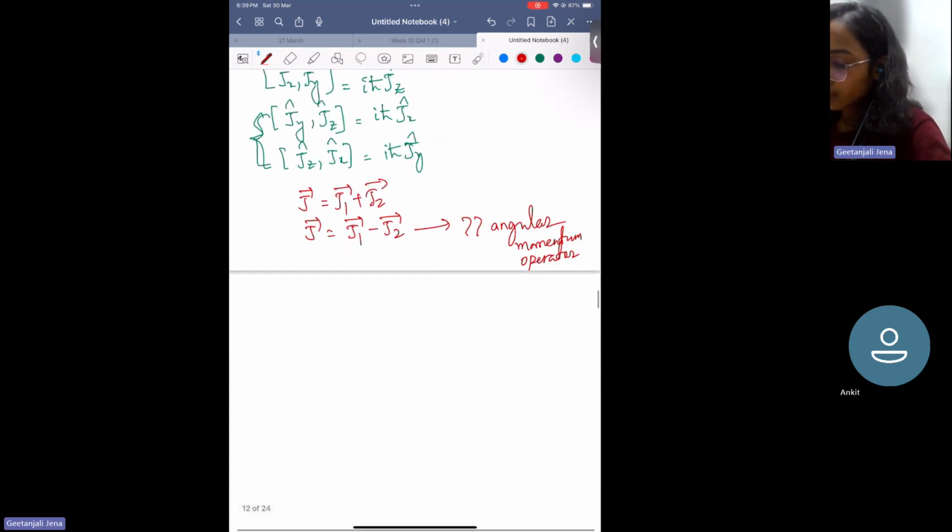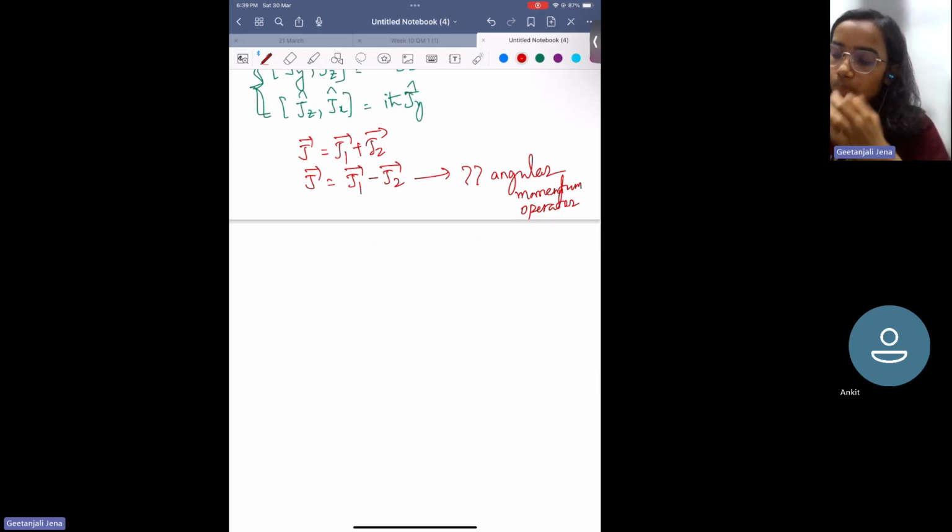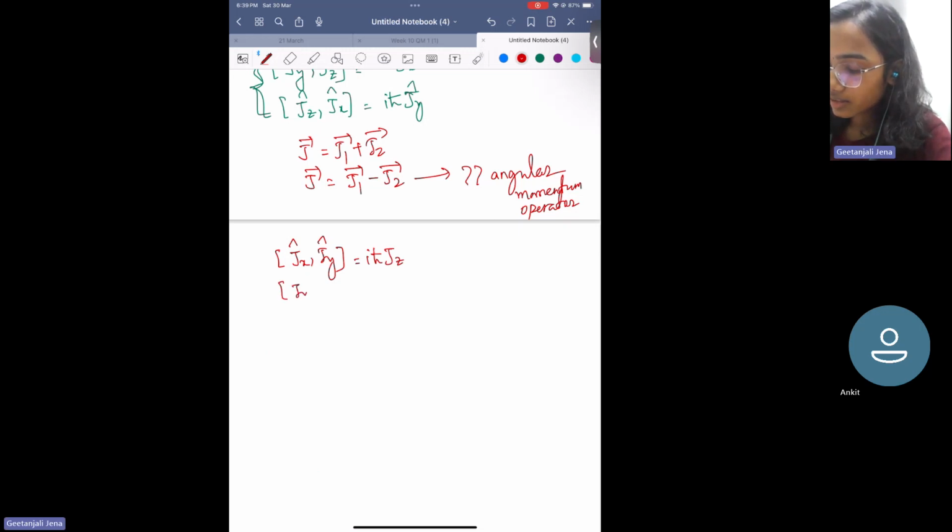You know that if an operator is an angular momentum, then it satisfies the commutation relations Jx Jy equal to iħ Jz, similarly Jy Jz equal to iħ Jx, and Jz Jx equal to iħ Jy.